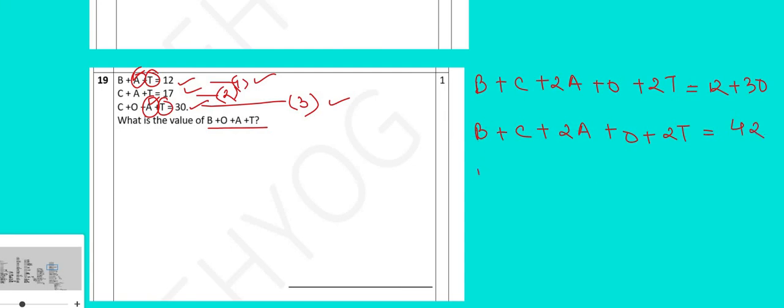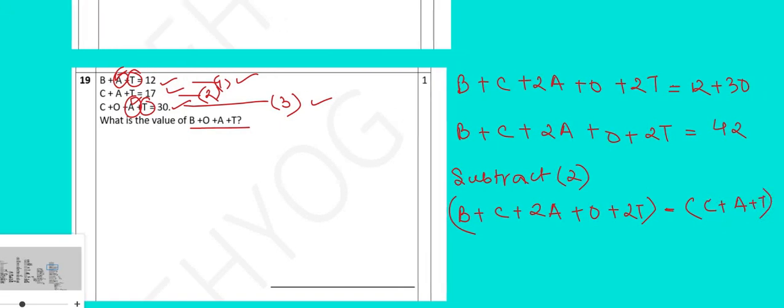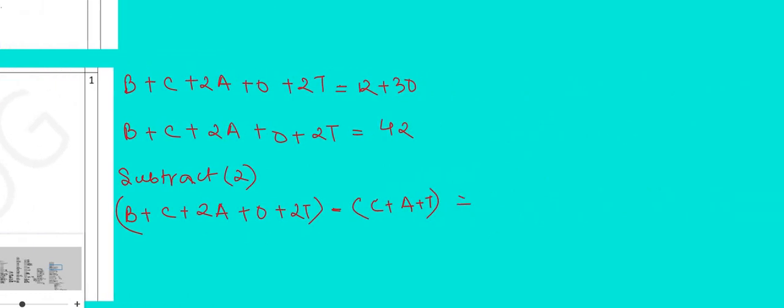Now we subtract the second equation, that is CAT, C plus A plus T, from B plus C plus 2A plus O plus 2T. After that we give an equal to and we write 42 minus 17.